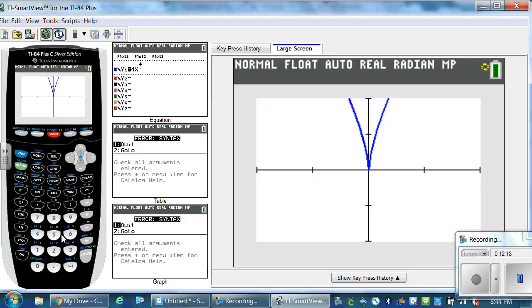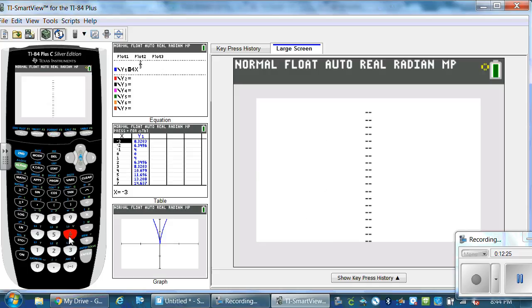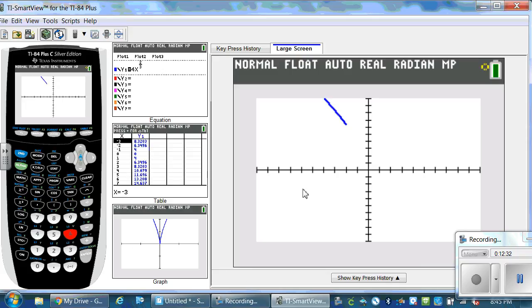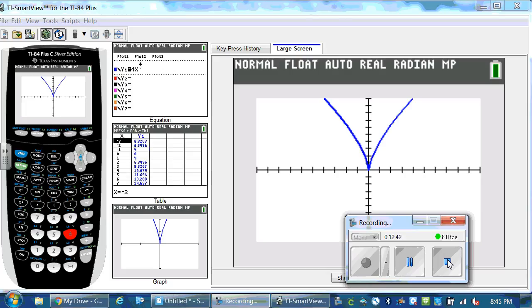I'll hit zoom and then it will zoom out. Zoom, if you go to 6, that's a standard window. That's the one we're used to seeing from -10 to 10. And again, it's drawing the graph and it is even. The y-axis is exactly the line of symmetry. So that one's an even function. Alright, that's it. We're going to wrap that up, and that's all your homework for this chapter.